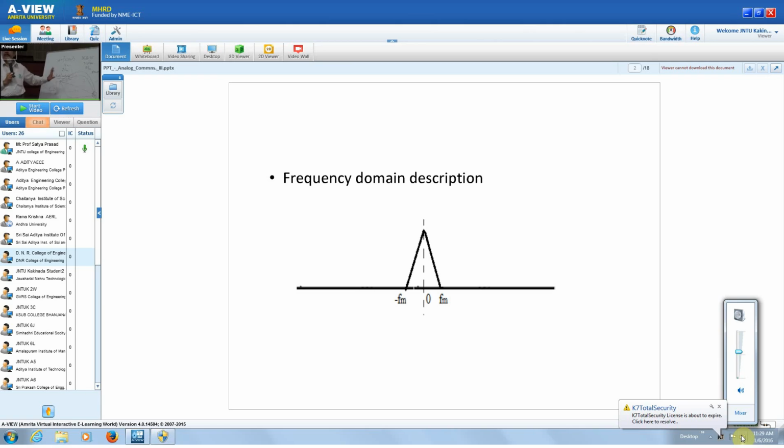So only certain frequencies are lost and certain signals are received. That means again you are having some distortion, because unless you get all the frequency components of the signal, you will not be able to recover the original transmitted signal. Therefore, we have to look into this fading and selective fading also.